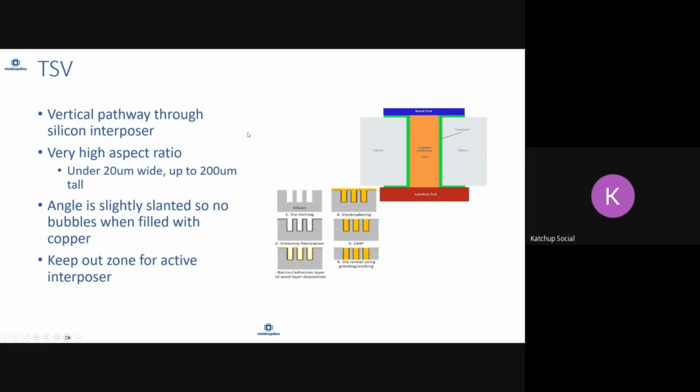It has a very high aspect ratio. The width is small and it is usually very tall. The angle is slightly slanted so that there are no bubbles when filled with copper. And in the case of an active interposer, as we talked about, there will be a keep out zone where you cannot create these through silicon vias.